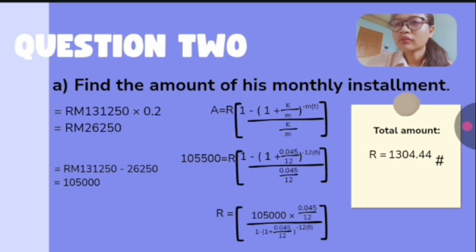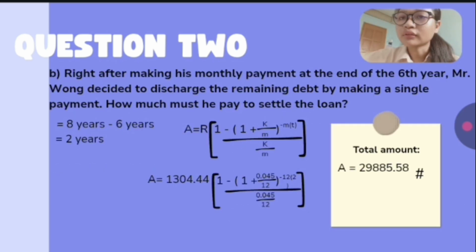Question 2, find the amount of his monthly installment. The total amount is 131,250. Mr. Wong paid 20% as a down payment, which is 131,250 multiplied by 0.2, equal to 26,250. The amount left is 131,250 minus 26,250, equal to 105,000.